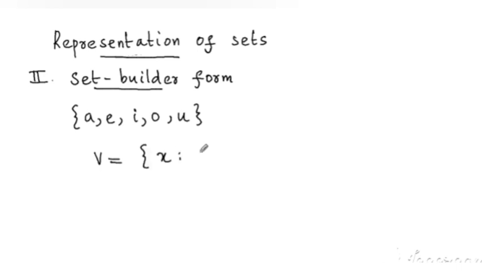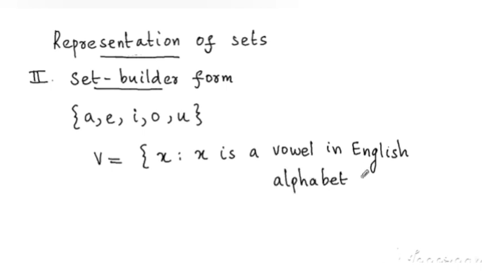So we can define the set as the set of all x such that x is a vowel in the English alphabet. You can read this as the set of all x such that x is a vowel in the English alphabet. This is the set builder form of sets.